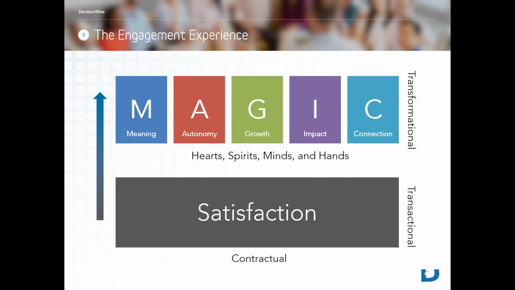That meaning, even in your daily work, is something people want to feel is part of their job. Autonomy is that freedom to feel empowered to make a difference, to do what you do on a daily basis to the best that you can, and having a little bit of that freedom.